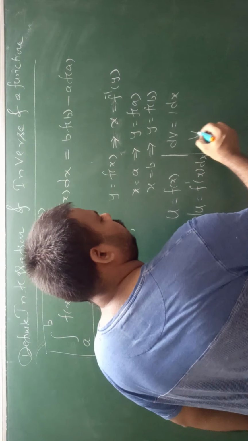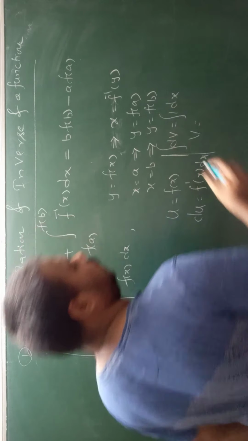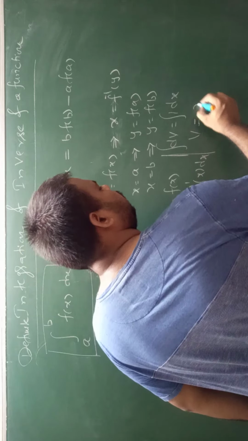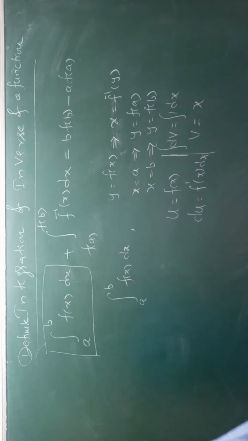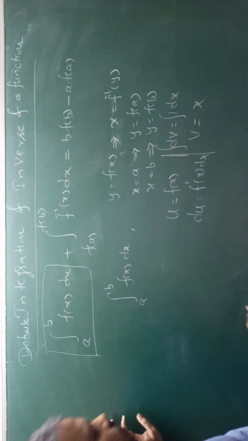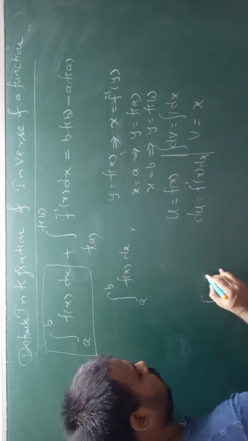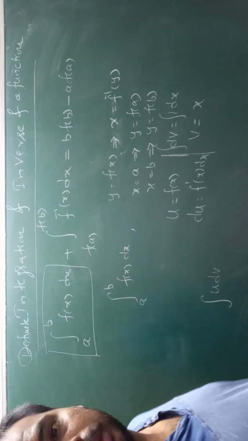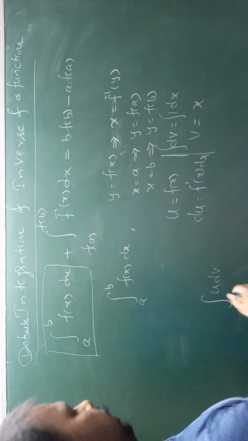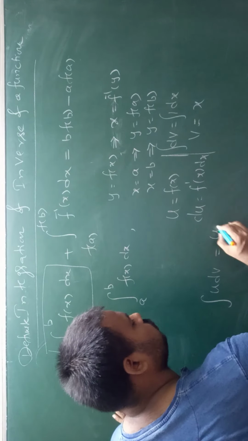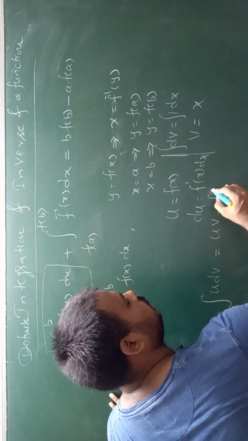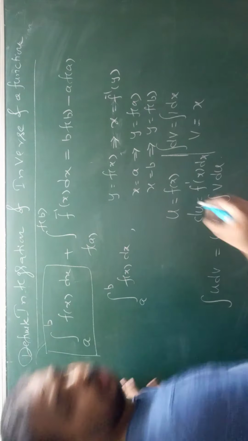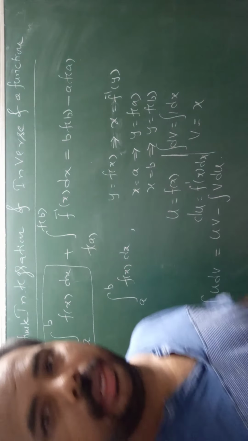So integral dv, now we have to apply integrating on both sides. Integral dv is equal to integral 1 dx, x. So v is equal to x. So therefore the by parts formula: integral u dv is equal to uv minus integral of v du.